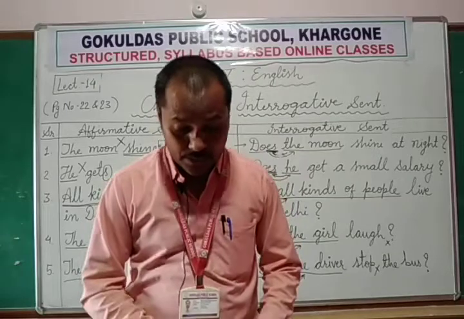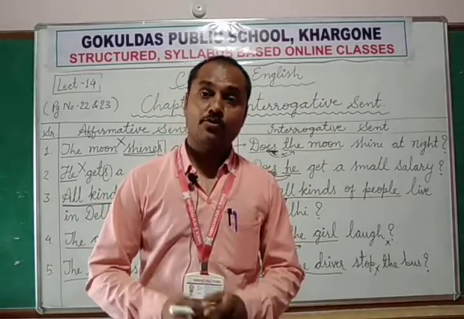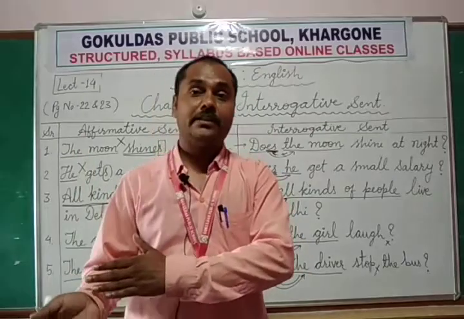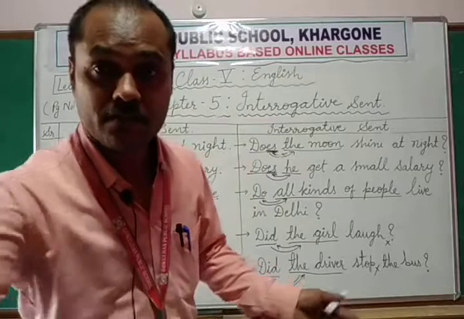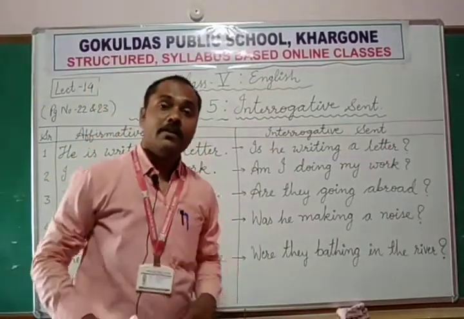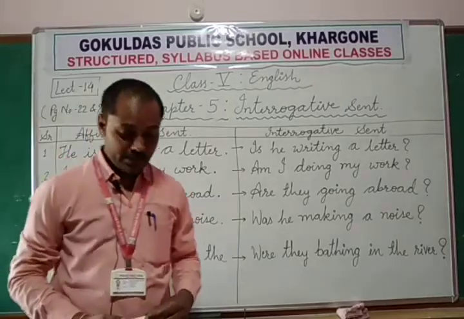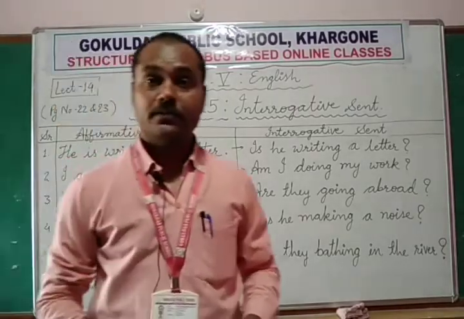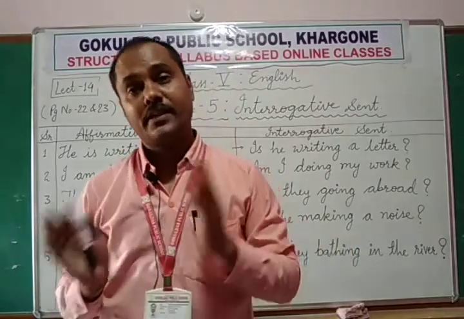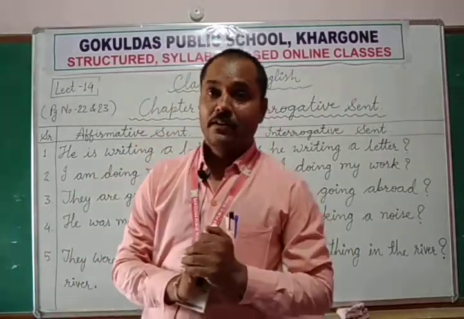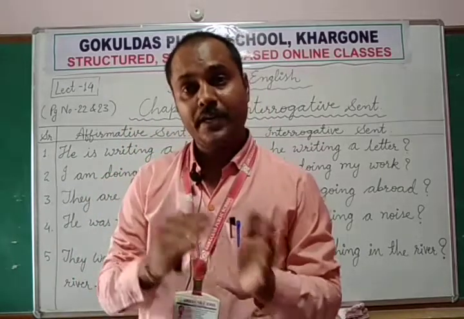Now come to the third type of sentences. How to make this third type of sentences from affirmative to interrogative. Now let me put all these things on the table. This next table C is basically based on the present continuous tense and past continuous tense. These are different tenses from the present simple and past simple.